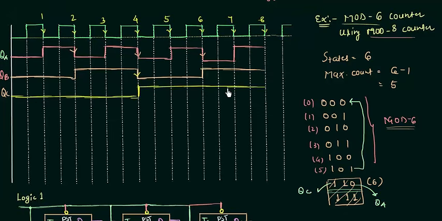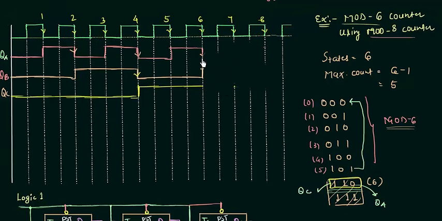Now this is the case when we have the normal mod 8 counter, but in this case we have a mod 6 counter after the 6th clock pulse is detected, which means 1 1 0 is 6. We have a reset action, so I have to remove this portion.